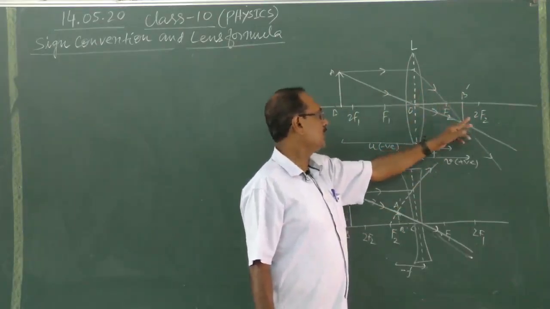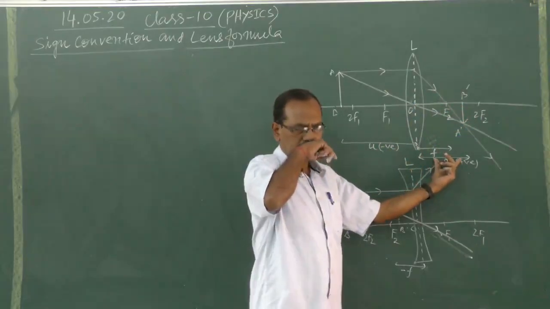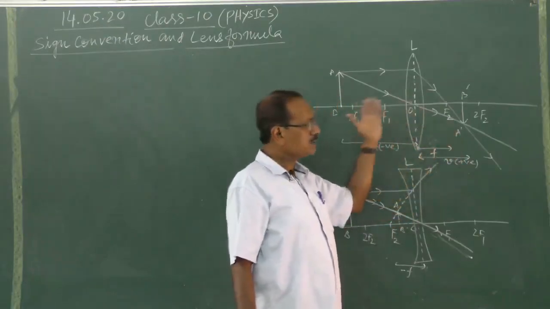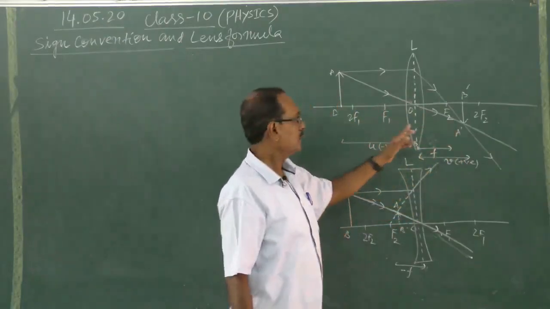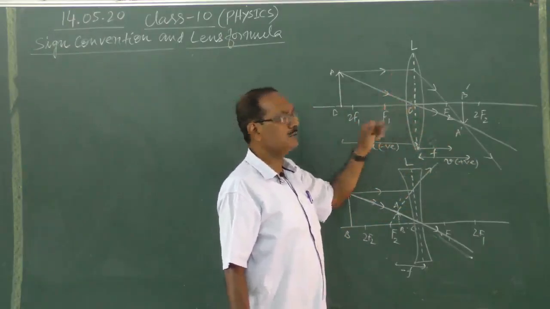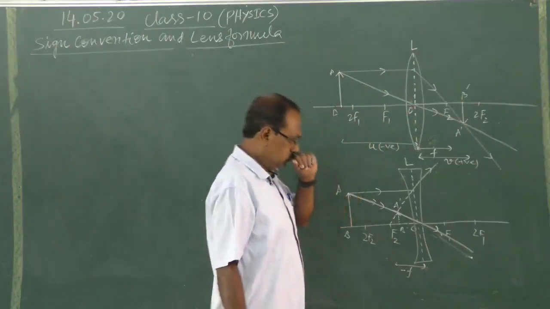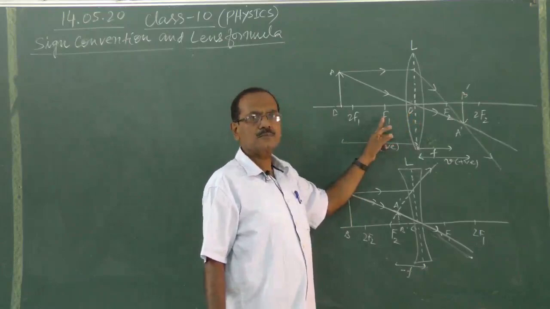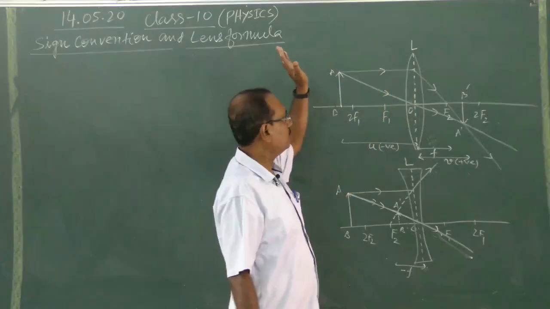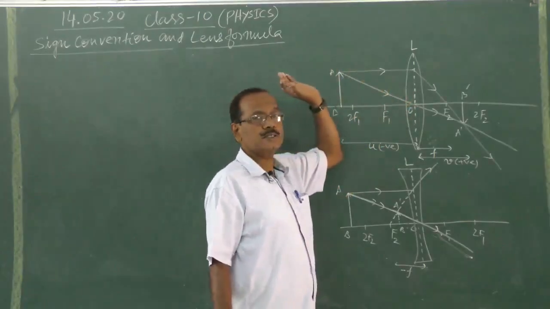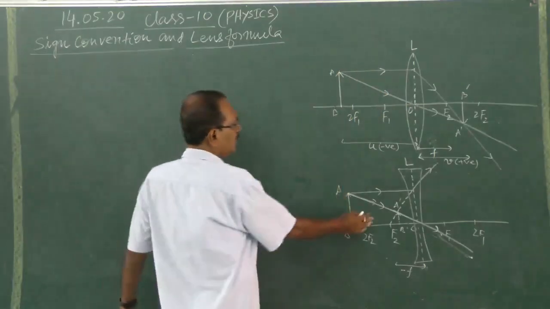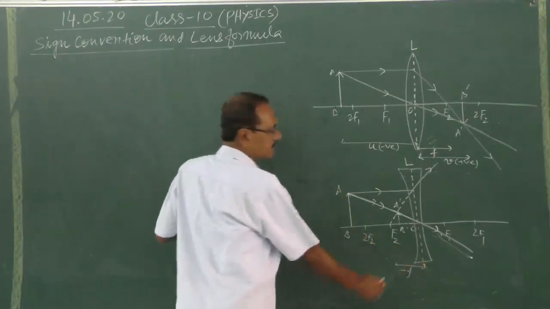In the case of a real image, the distance of the image is positive. If it is a virtual image, we also get a virtual image if the object is placed between the focus and the optical center, and then we get an enlarged virtual image. In that case, the image distance for a virtual image will be negative. Now here the focal length is negative.